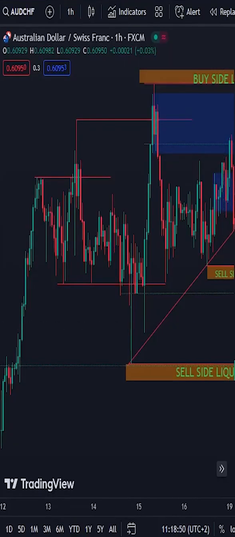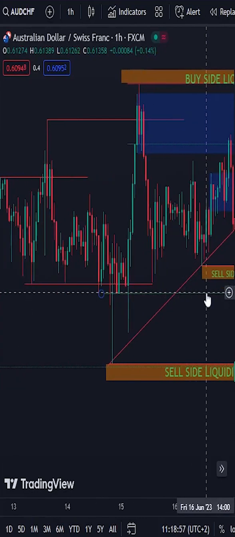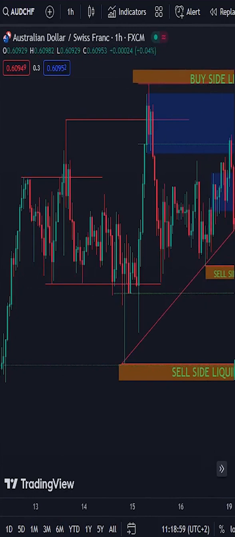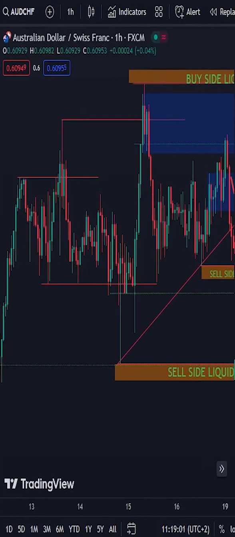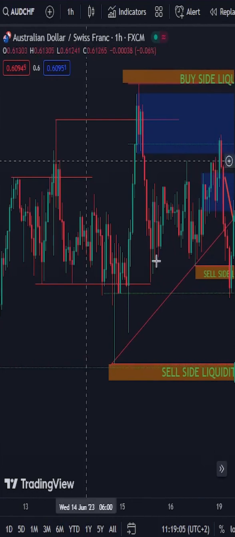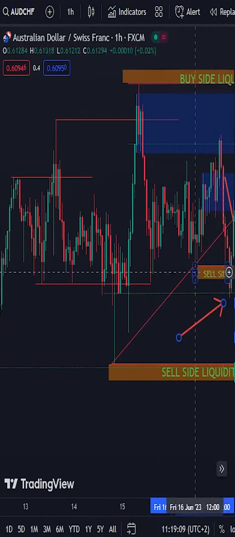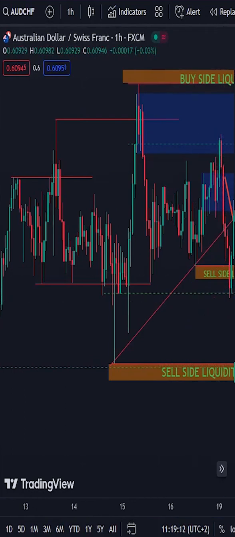It's been a few moments later, and now we have come back to see what price did where we left it. So we left price shooting down, and then price did exactly what we said. It shot down to the sell side liquidity and it hit the 4-hour bullish rejection block.